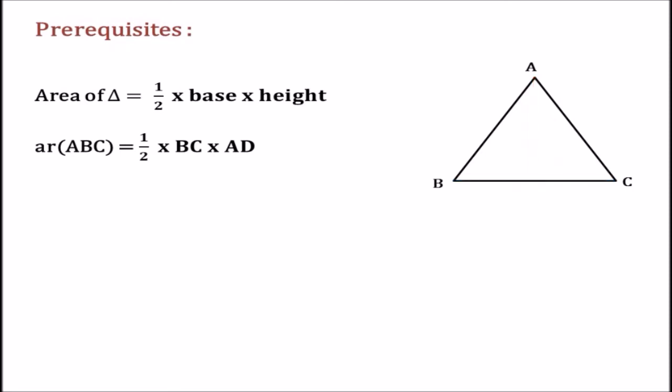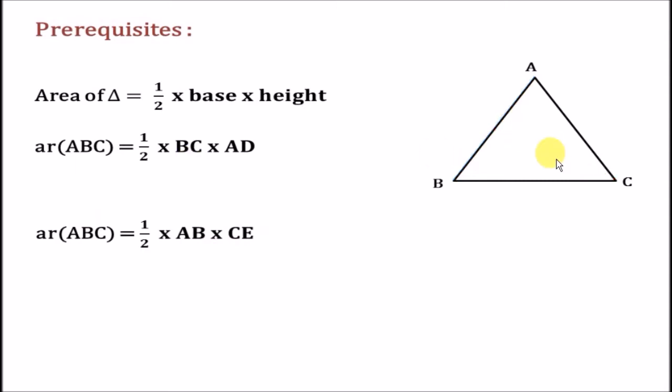Similarly, if we change our base to AB, the opposite vertex is vertex C. So the perpendicular will drop from vertex C. Let's say the perpendicular is CE, CE is perpendicular on AB. In this case, area of triangle ABC equals half into AB into CE.